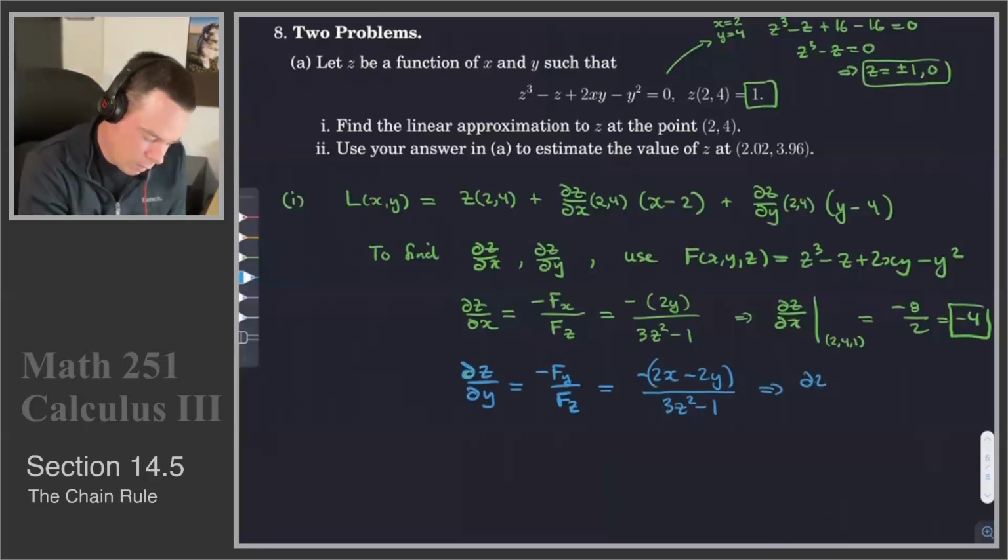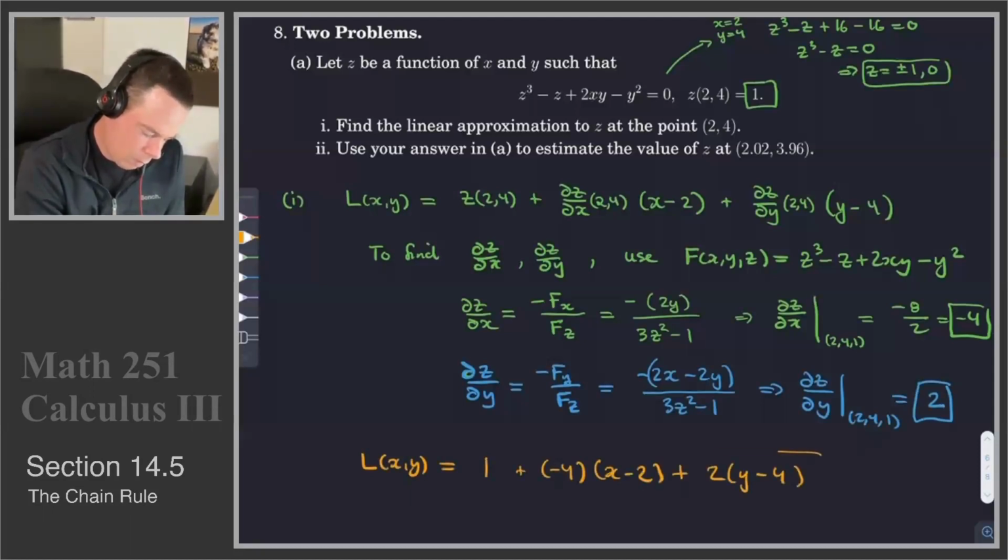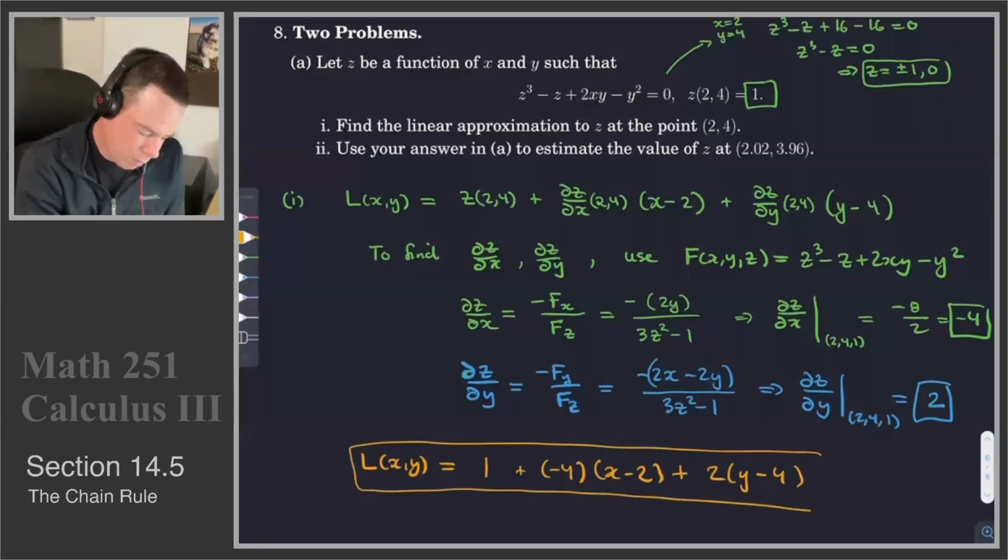And so if we plug in that value 2, 4, 1 for our point, we get the value of 2. And so now we've got our linear approximation. L of x, y is equal to the z value of the point we're at, 1, plus negative 4 times x minus 2, plus 2 times y minus 4. And so there's our linear approximation.